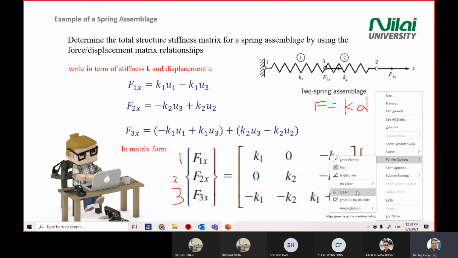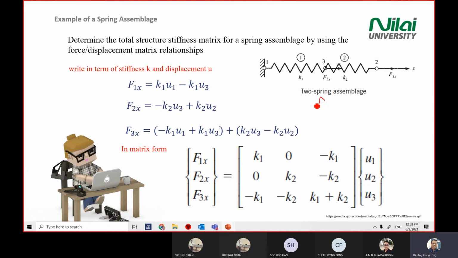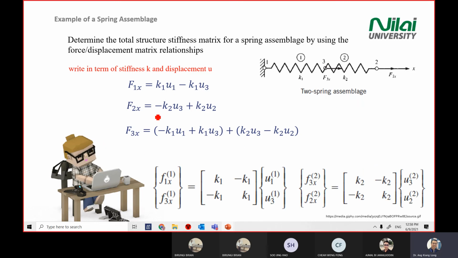Sorry, I should use the small f. Small f equals KD. And then you write all the forces according to the three equations here. So F1x here, okay, back to the equation.